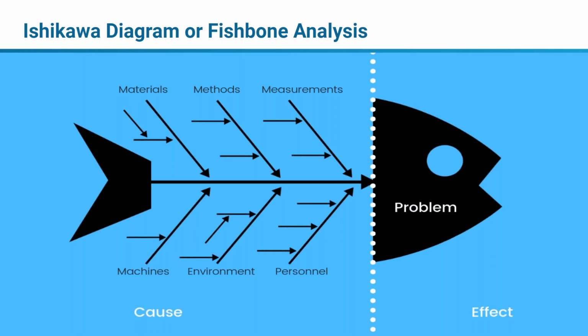And this approach is really, I think, helpful because the various causes are grouped into categories, and these are the generic categories: measurements, methods, materials, machines, environment, and personnel. Having these categories allows for brainstorming of all possibilities, like I said. And so then once you identify those, you can eliminate or mitigate the factors that are causing the issues.